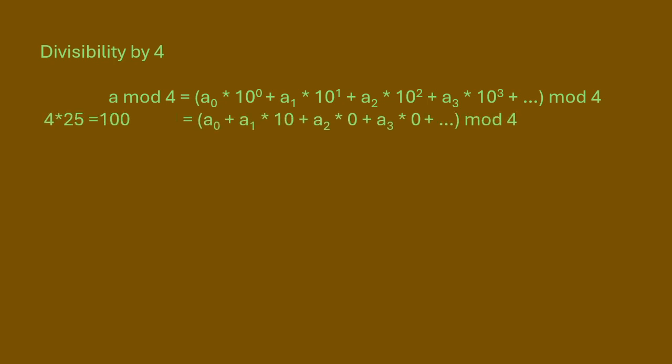For divisibility by 4, we start off at the same spot as always, separating it down to our base 10 digits. There, we note that 100 is divisible by 4, so we can replace all 100s with zeros. Then we simplify, giving us our ones digit and our tens digit.